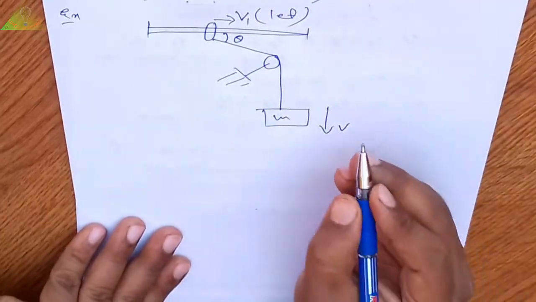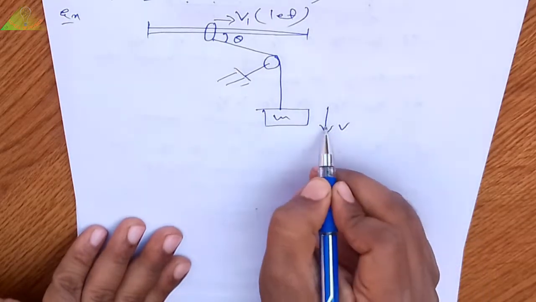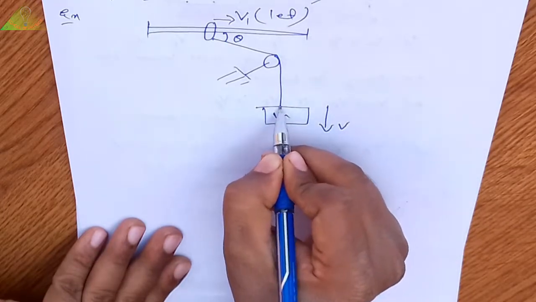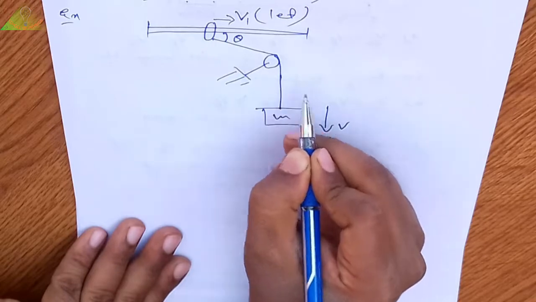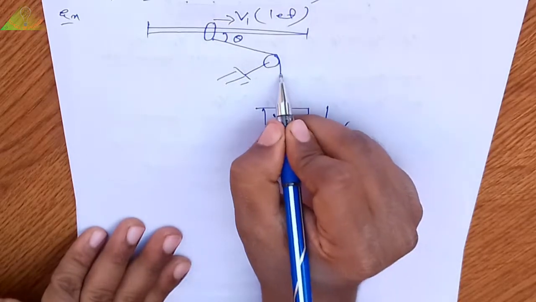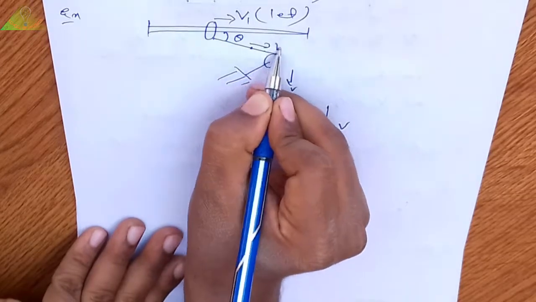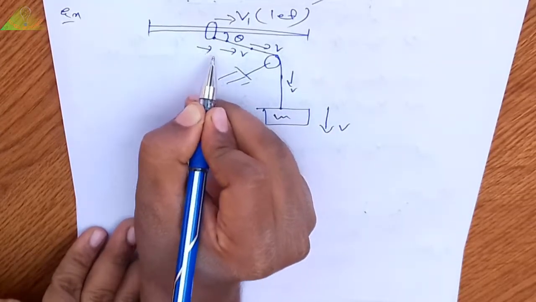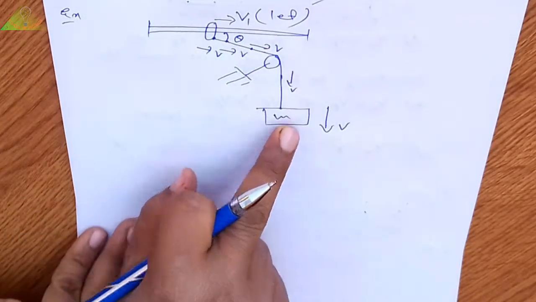Now, very simply, I am again applying the constraint relation: if this block is moving with velocity v, this point will be moving with velocity v. All the points will be moving with velocity v in the downward direction, and this point will be moving in this direction with v. So along the string the velocity components will remain the same.